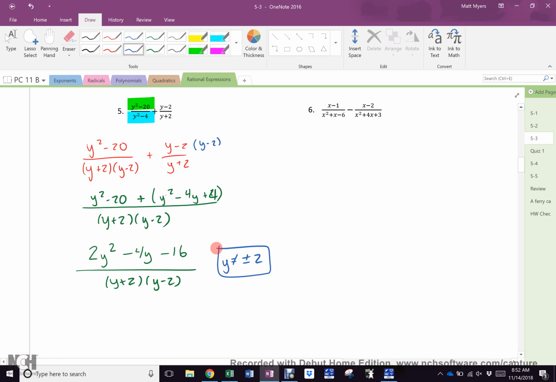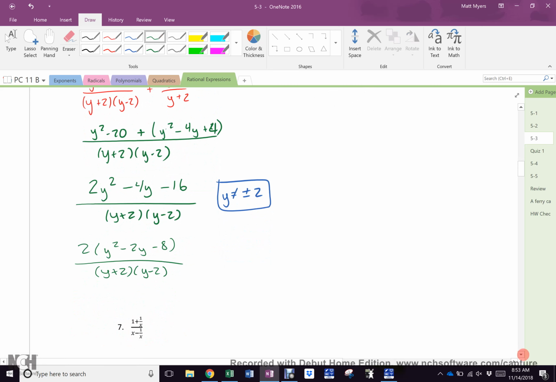What is something else we could do right now? Remembering that we have 11 years of math to call on right now. Factor it? We could factor. What could come out of there? 2. Oops, I want to keep working green. Y squared minus 2y minus 8 over y plus 2, y minus 2. Is there anything more we could do with that?